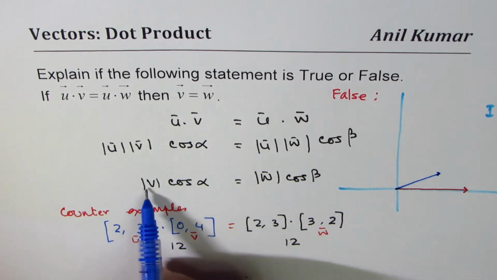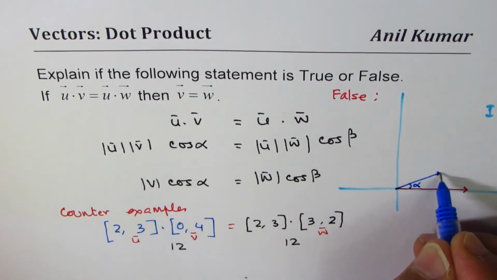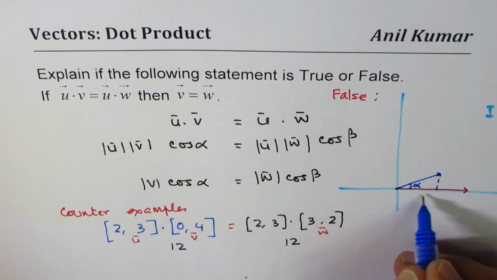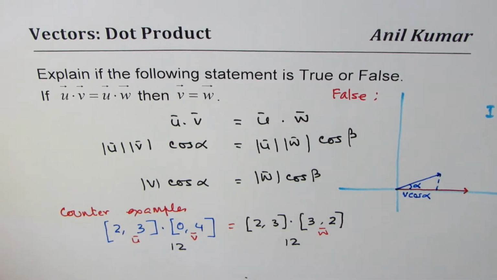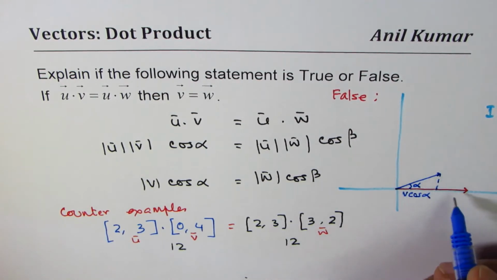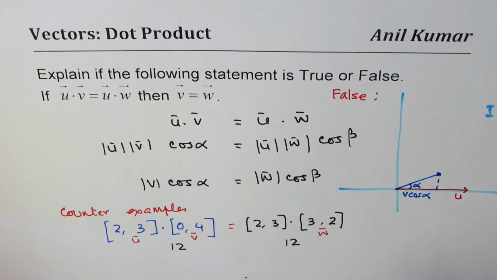Let's say this angle is alpha. So magnitude v cos alpha will be this portion. Do you see that? So that is v cos alpha along u.